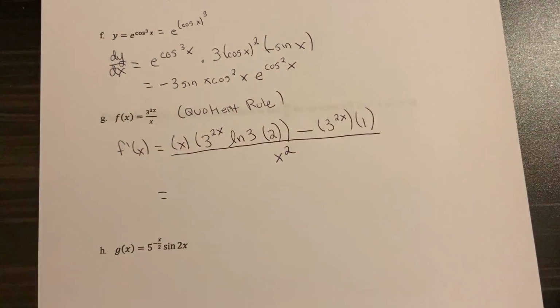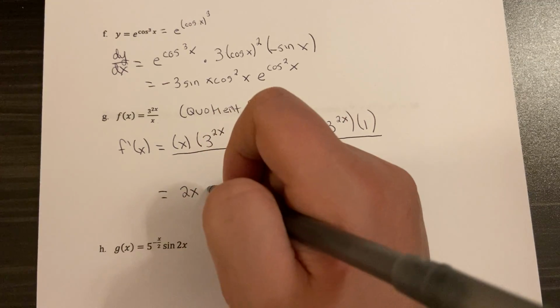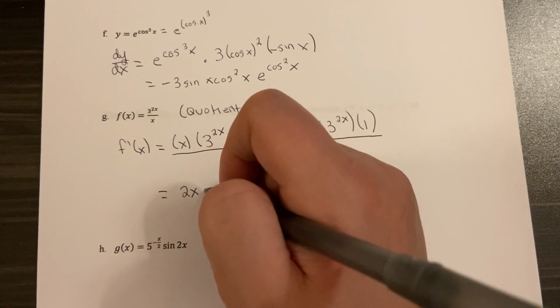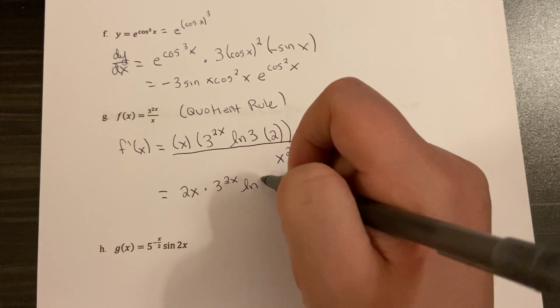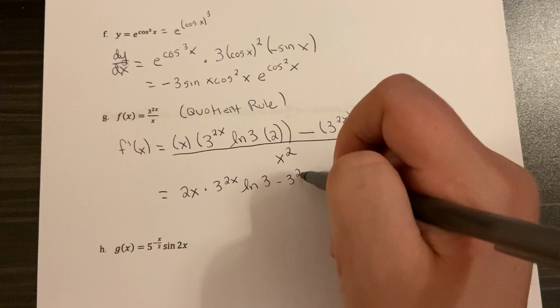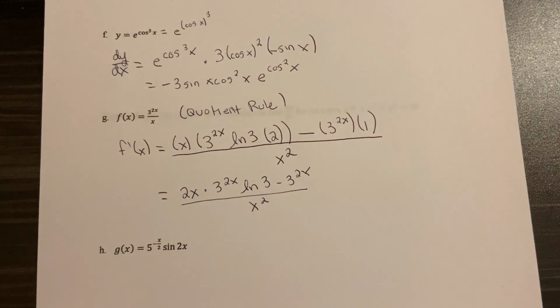And that simplified would be 2x times 3 to the 2x ln of 3 minus 3 to the 2x all over x squared.